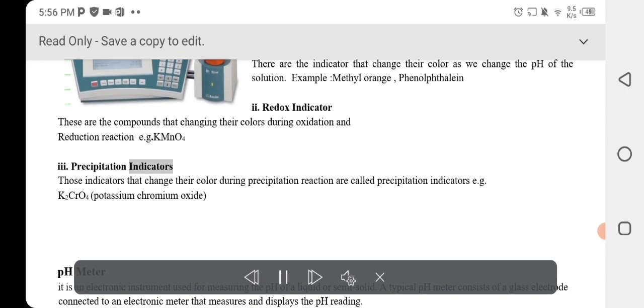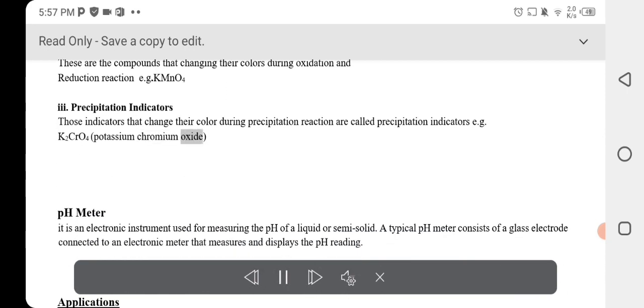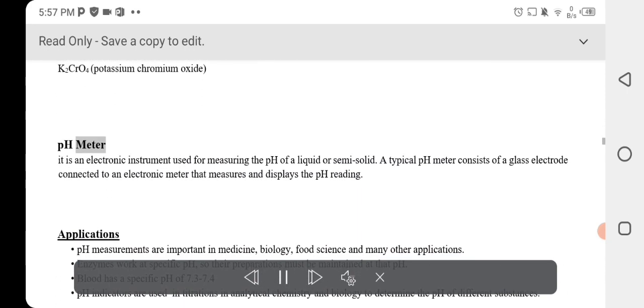Precipitation indicators are those indicators that change their color during precipitation reactions, e.g. K2CrO4, potassium chromate.